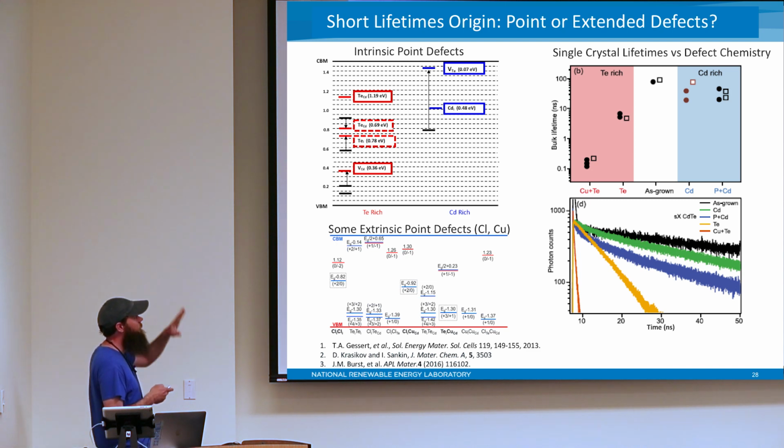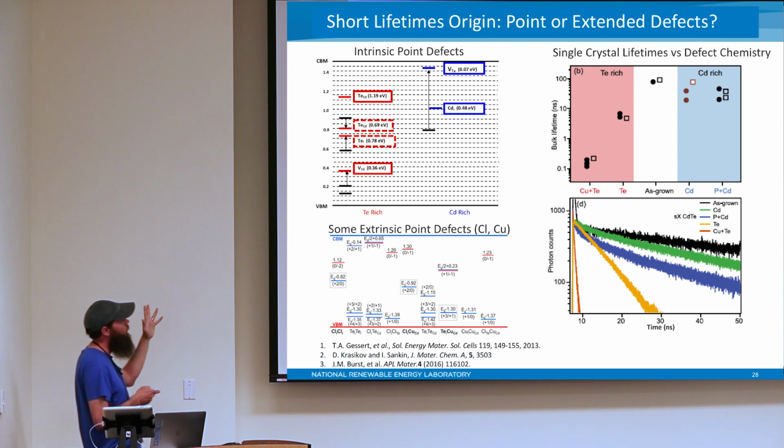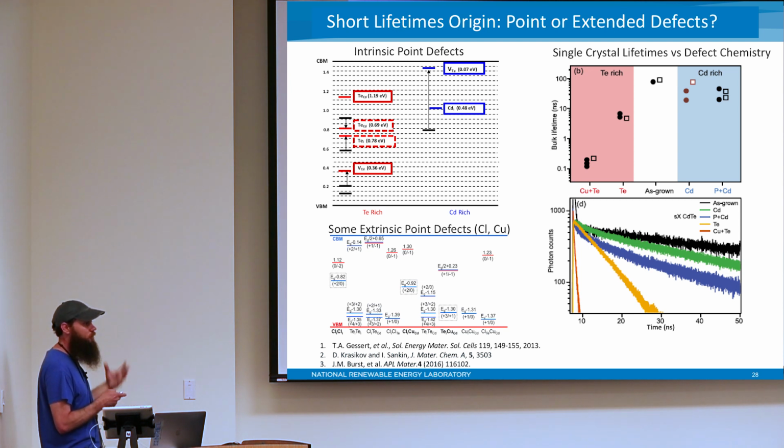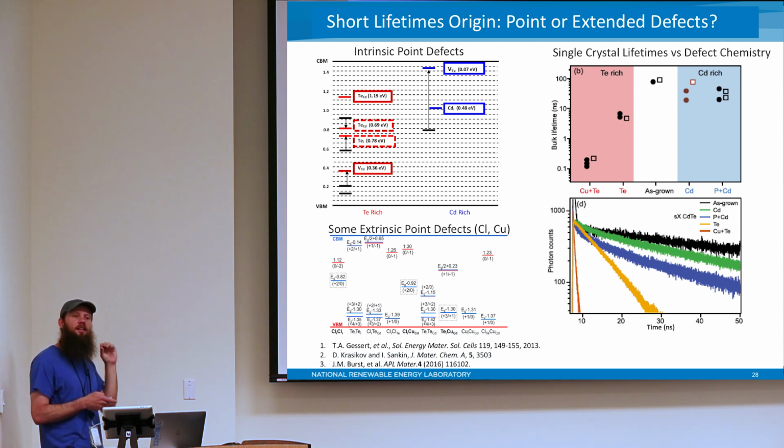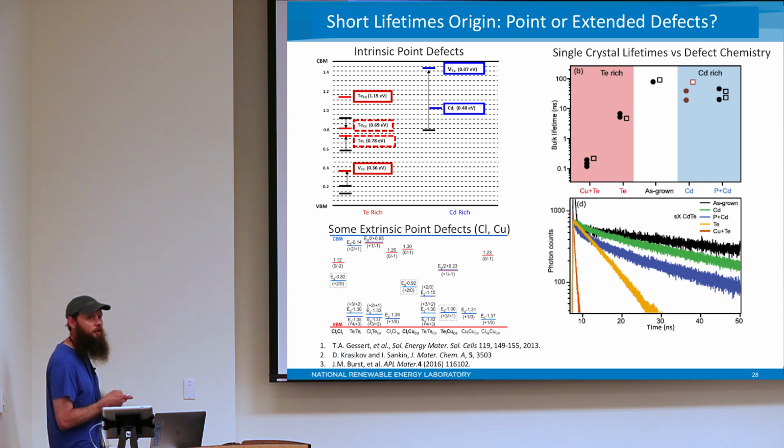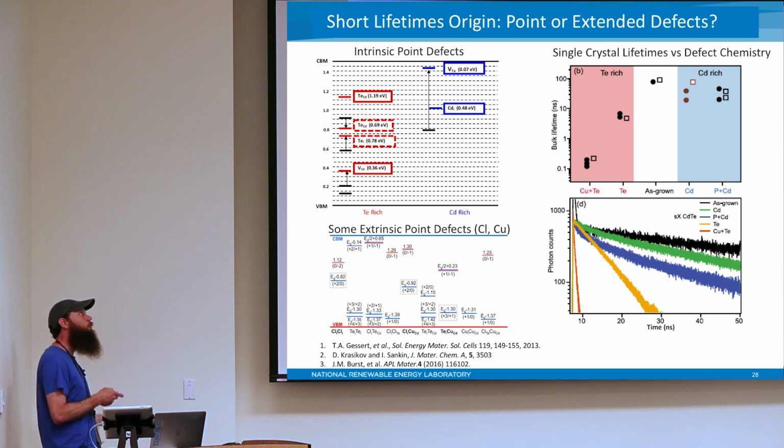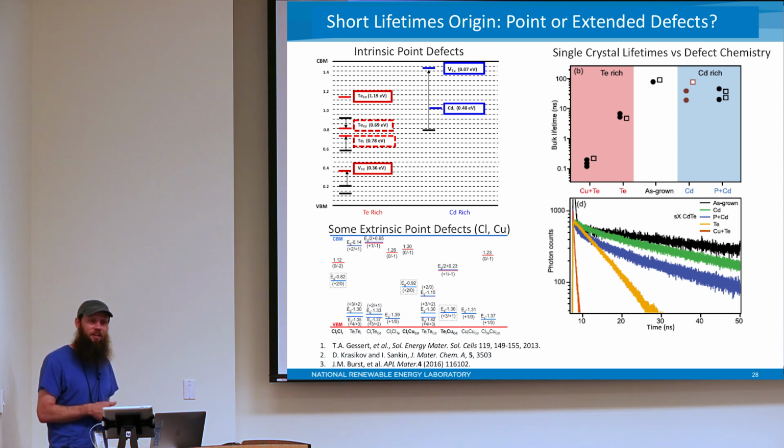Back in the early 2000s they used a basis set and said, hey, cadmium rich is really bad, you should avoid that, stay in the tellurium rich. Then we went ahead and did experiments, and they readjusted their basis and said, actually, it was backwards. So that's what these arrows are.